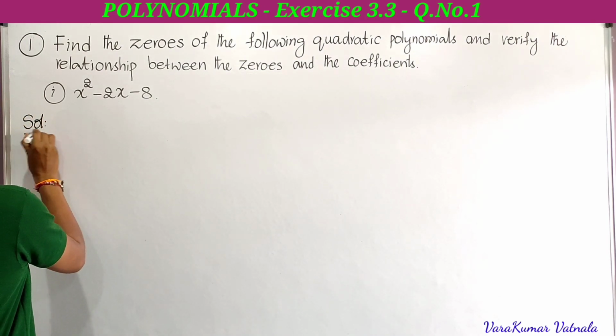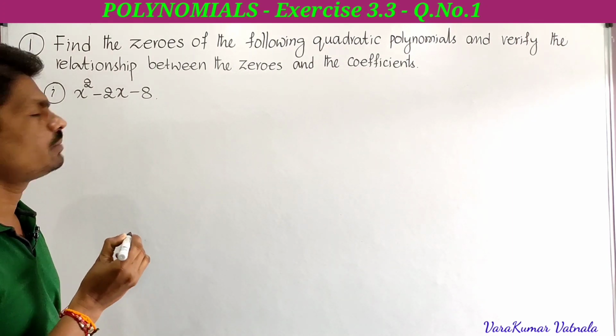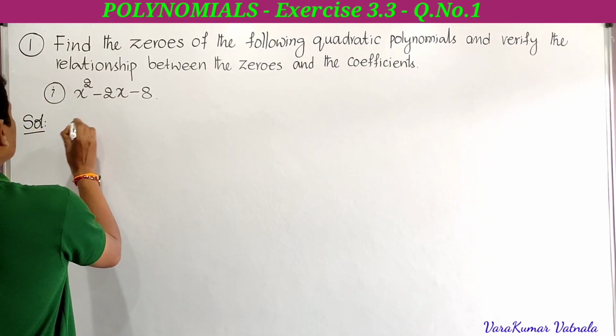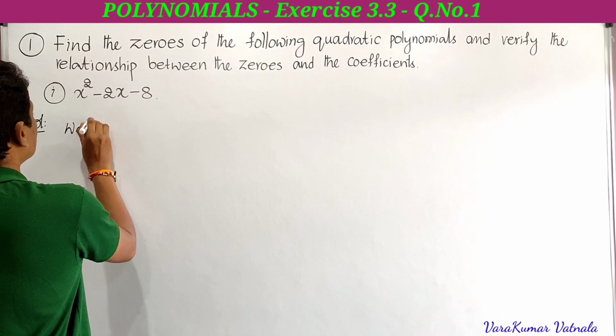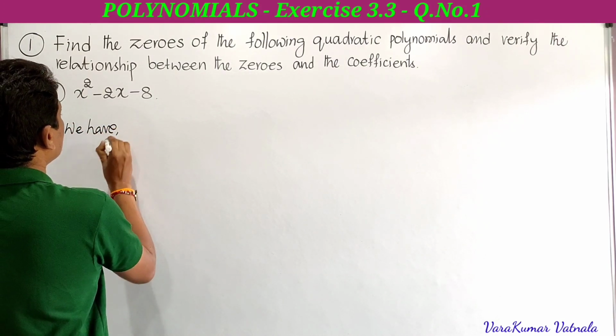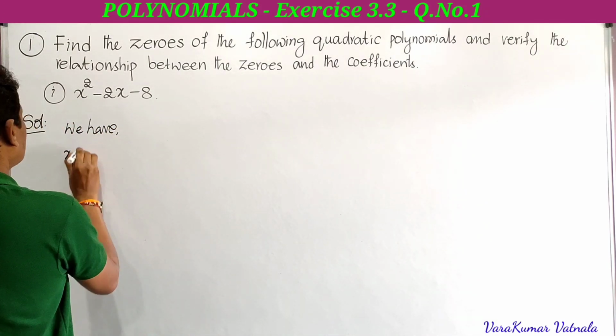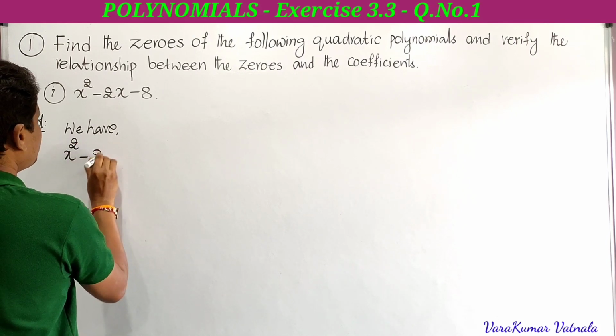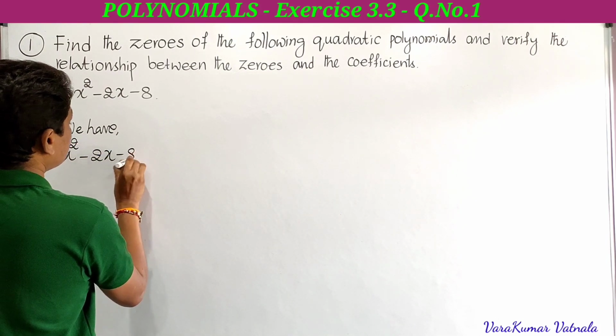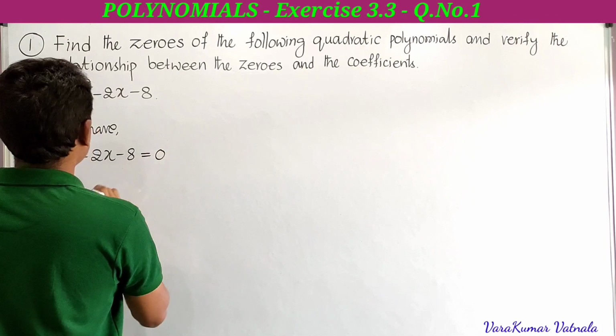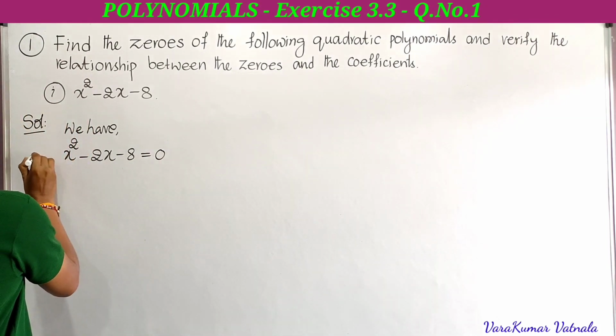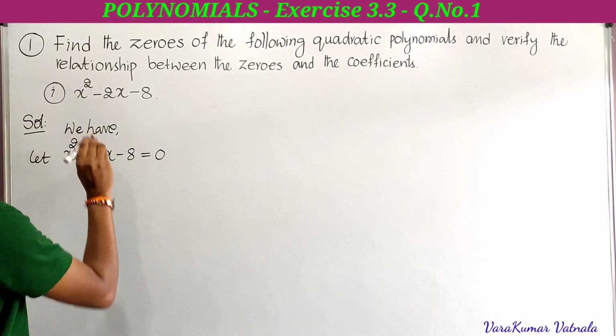To find the zeros, let the given polynomial be equal to 0. So we have x square minus 2x minus 8 is equal to 0.